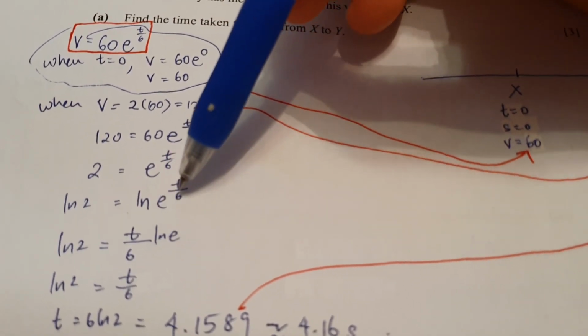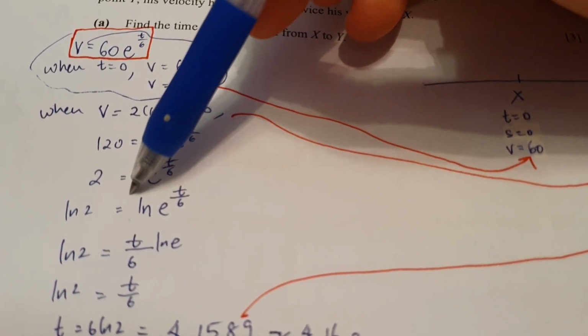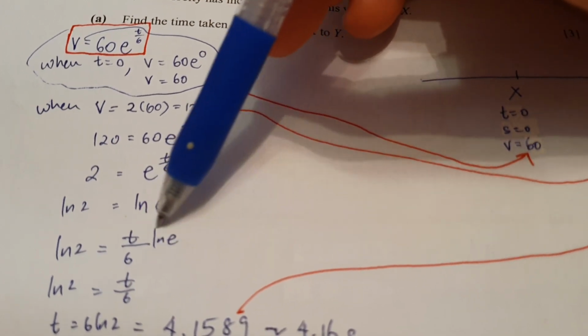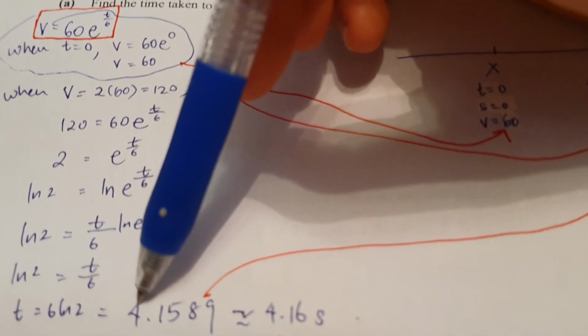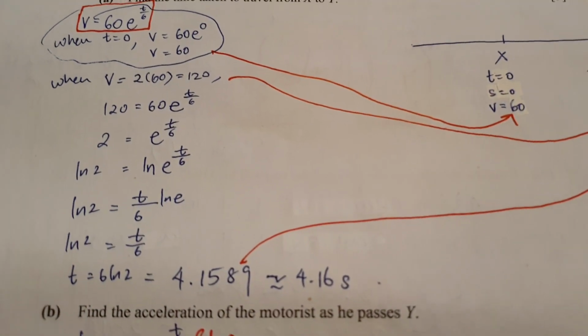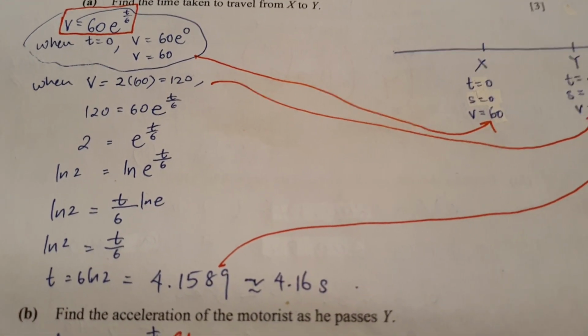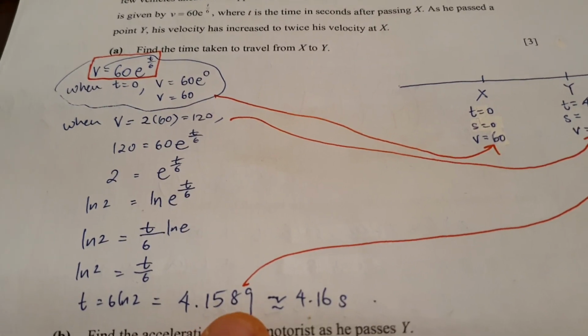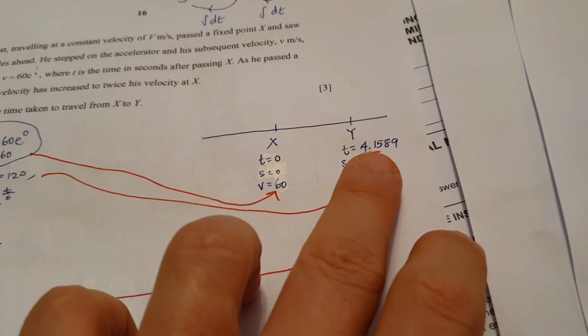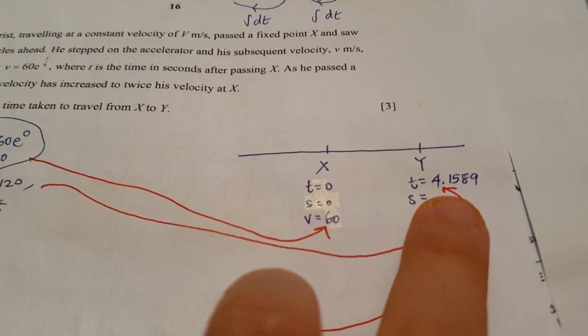Once you ln it, you bring down t over 6, this is 1, and then you times 6 both sides, you will get this answer. Please show the 5SF value because in the later part of the question, you will need to use this 5SF value. So that's how I get this t value as 4 point something.